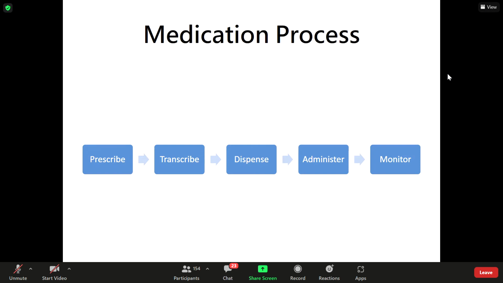So let's say you prescribe, the pharmacist will dispense, the nurse will administer, but you need to monitor. Everything starts from you and ends with you in terms of the medication process.